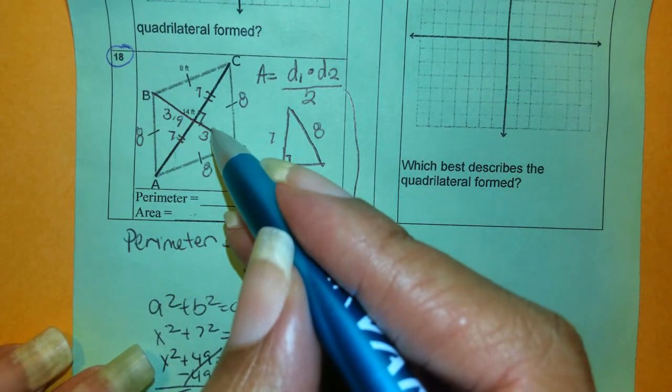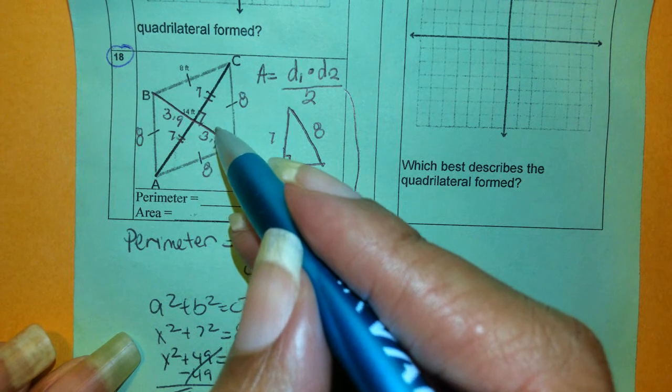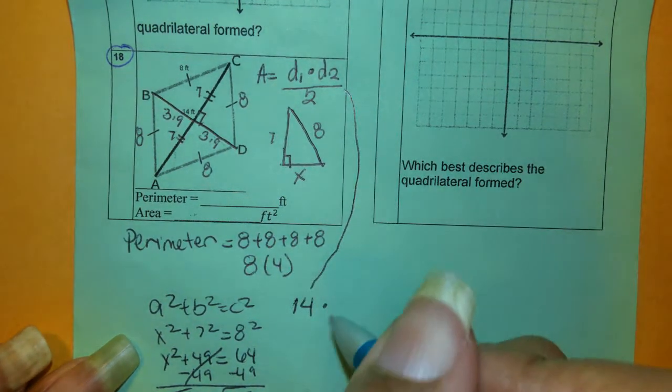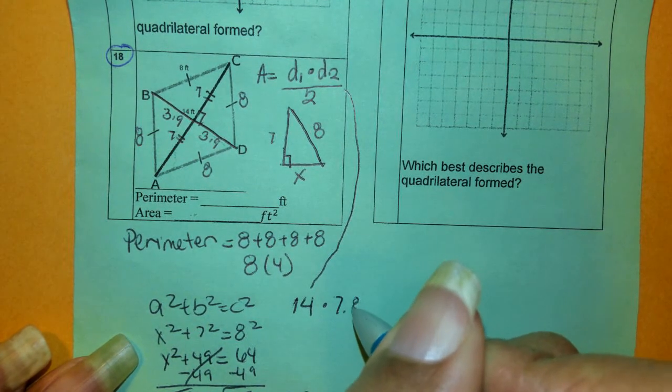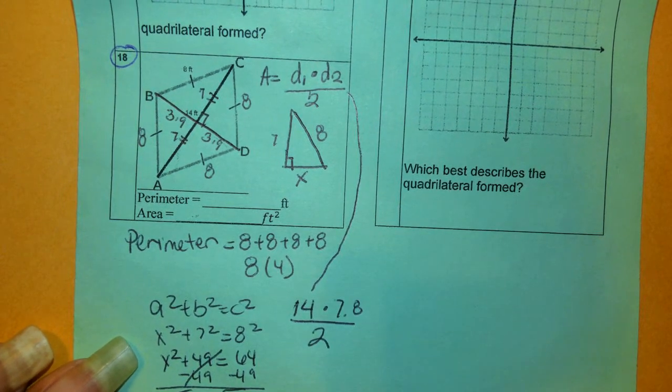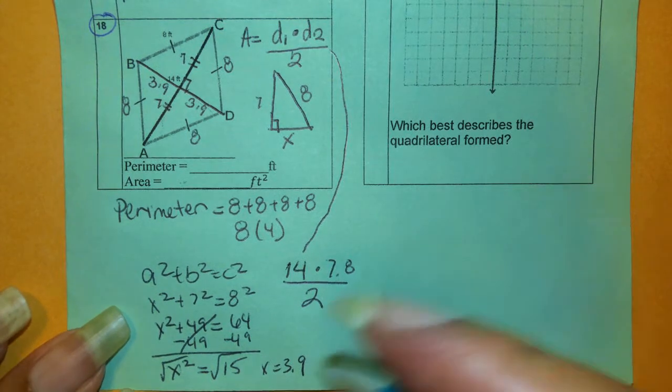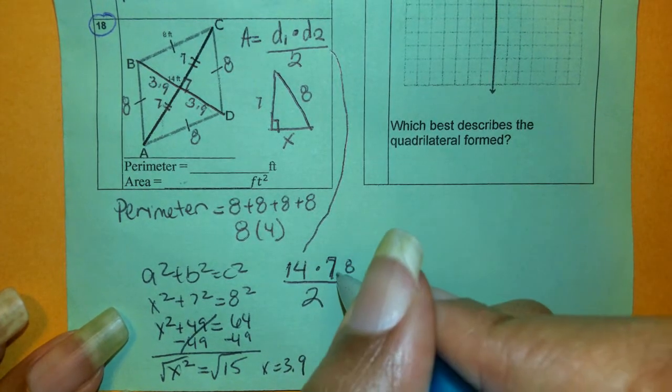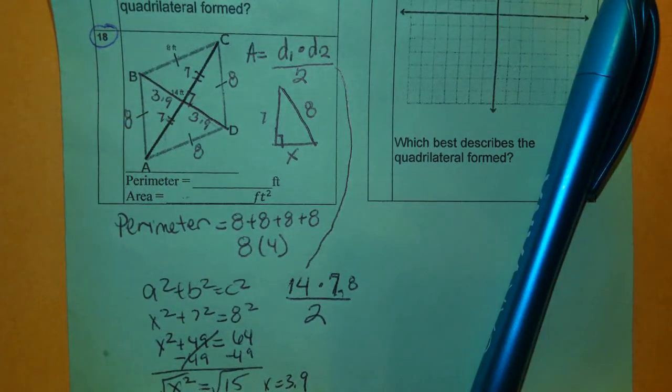So remember, that's going to be 3.9 plus 3.9, so we'll have 7.8. And then we'll divide that by 2. You'll have to put that in a calculator, and I'll do the same because I can't remember off the top of my head exactly what it is.